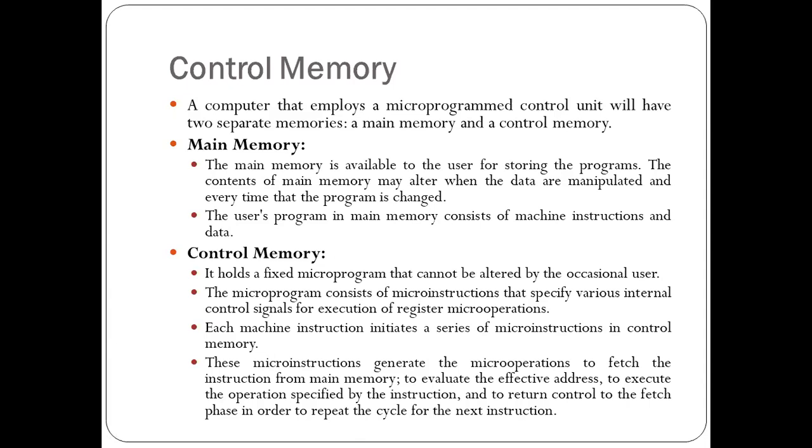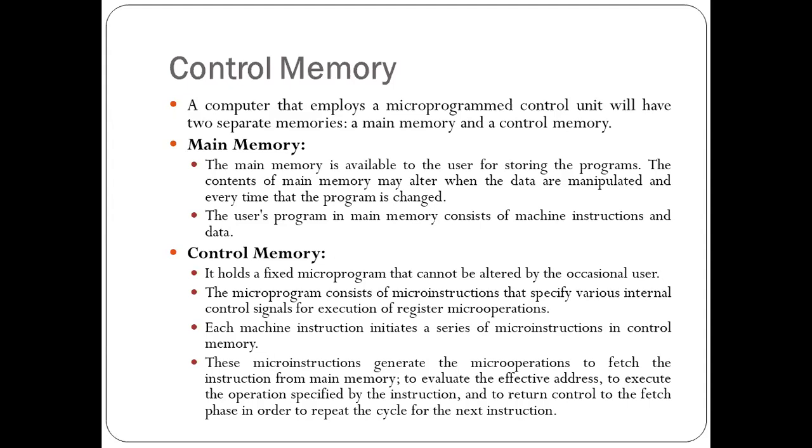The next instruction address may be sequential, or it may be somewhere in another portion of the control memory. It is like a program that has to be executed, so every time the next instruction address needs to be calculated.